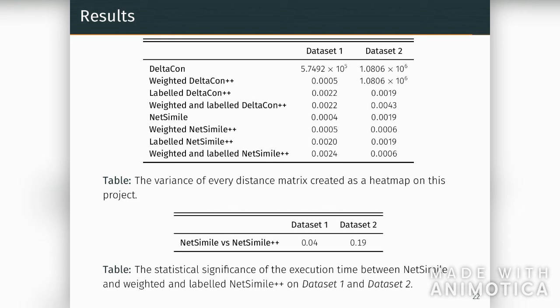The second column shows that the p-value on dataset 2 is 0.19. The result is not significant at p less than 0.05. Thus, the null hypothesis fell just short of statistical significance. As we can observe, the more complex the dataset is, the greater the difference in execution time gets. This result is expected since there is plenty of added functionality that consumes resources.